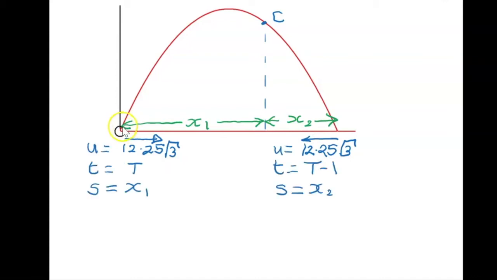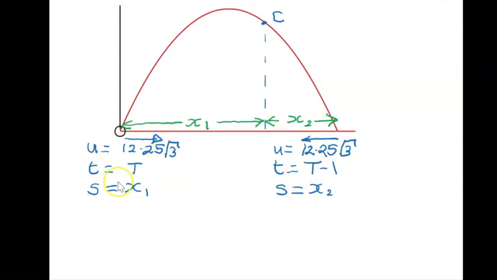The particle projected from A has an initial speed 12.25 root 3, and the time it takes to get to this collision point is t, and it travels a horizontal distance x1. The one that starts at B has initial speed 12.25 root 3, the time is t minus 1 because it starts 1 second later, and it travels x2.